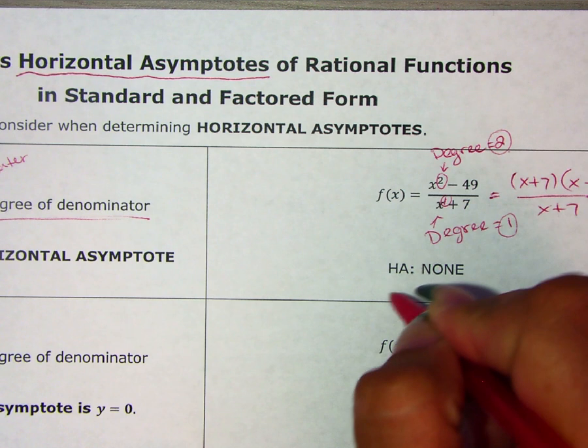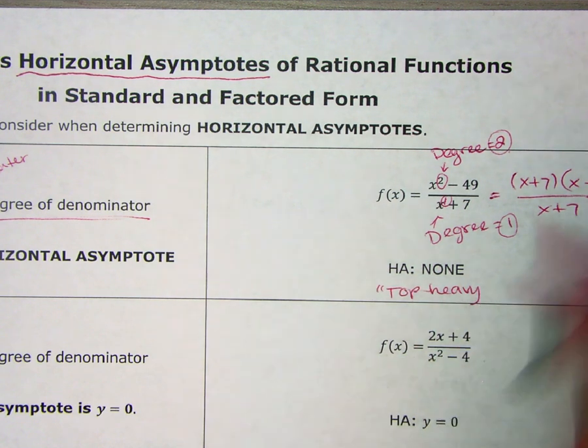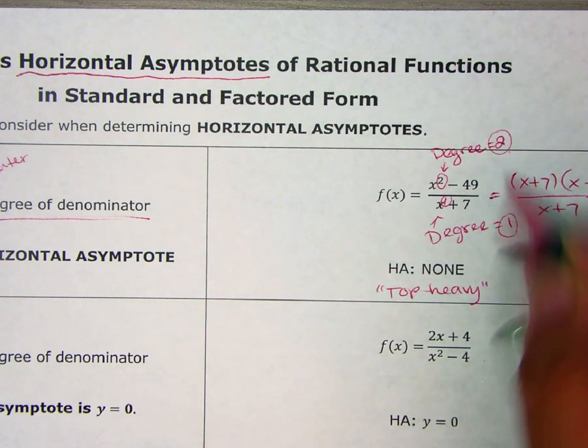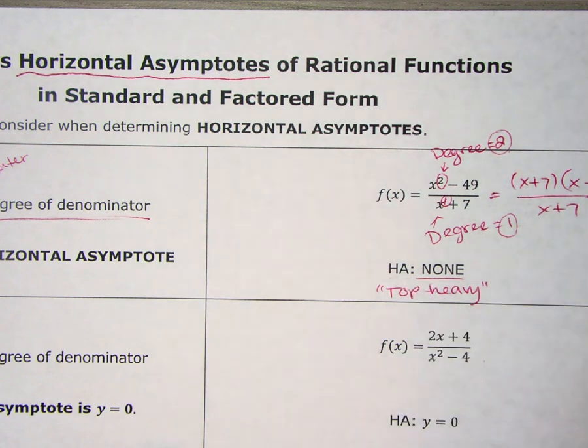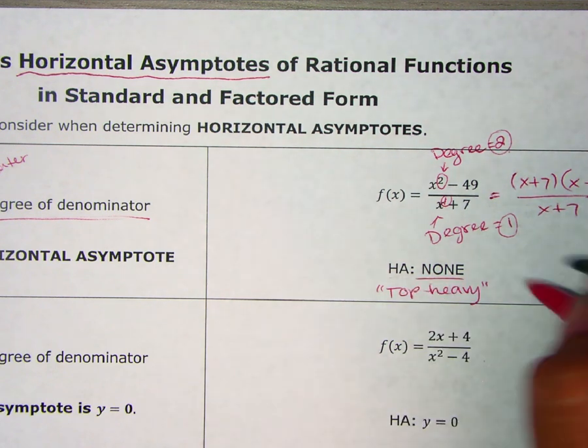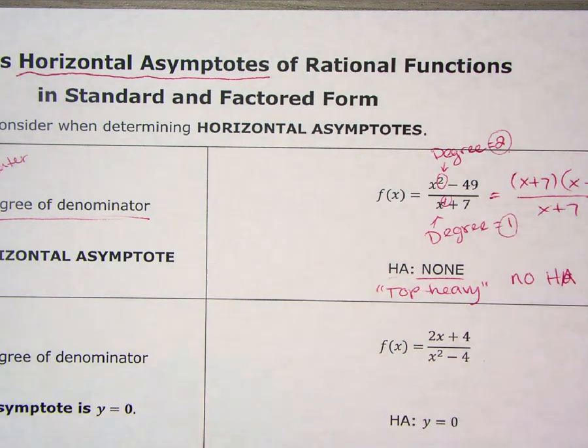So anytime you have the expression of top heavy, or the degree of the numerator being greater, we're going to say that there's no horizontal asymptote.